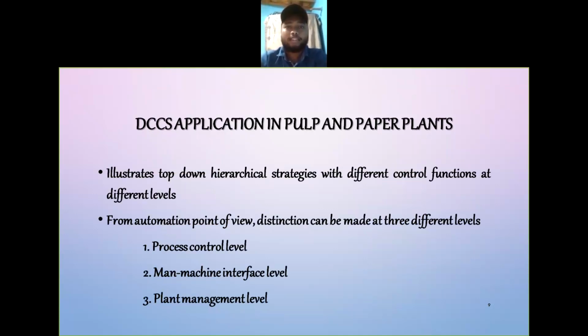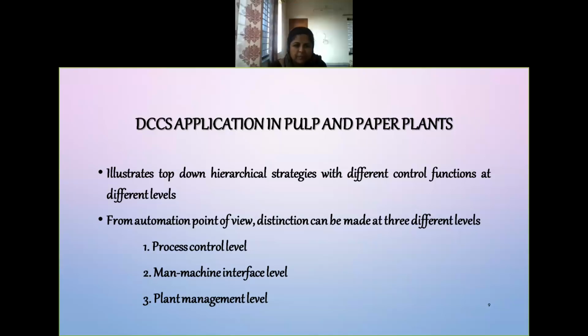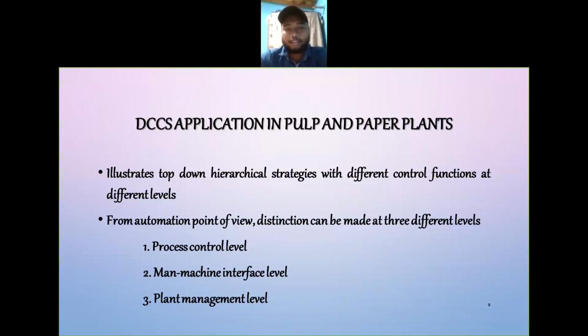Let us move to the DCS applications in the pulp and paper industries. The DCS illustrates the top-down hierarchical strategies with different control functions at different levels. In addition to this, the system units are distributed throughout the process. Let us move to paper automation, which consists of three levels: process control level, man-machine interface level, and plant management level.